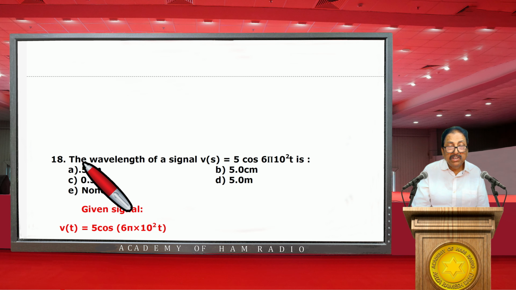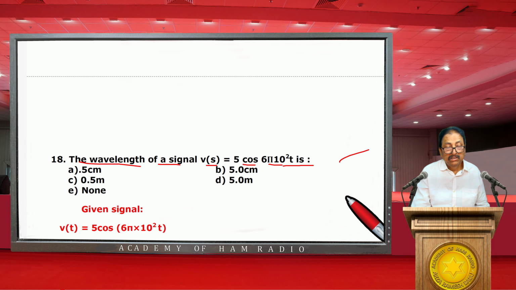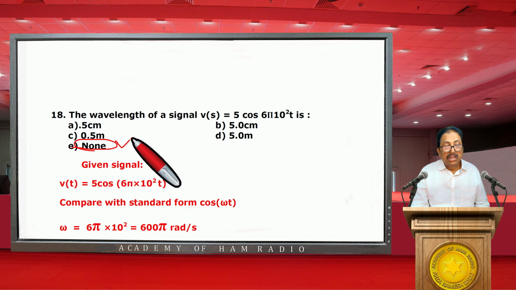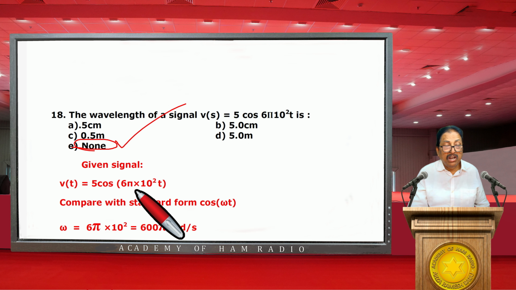The wavelength of a signal Vs equal to 5 cos 6 pi 10 square t is: to calculate this one, you will get none of these. The given signal is Vt equals 5 cos 6 pi into 10 to the power 2 t. This is the actual formula.